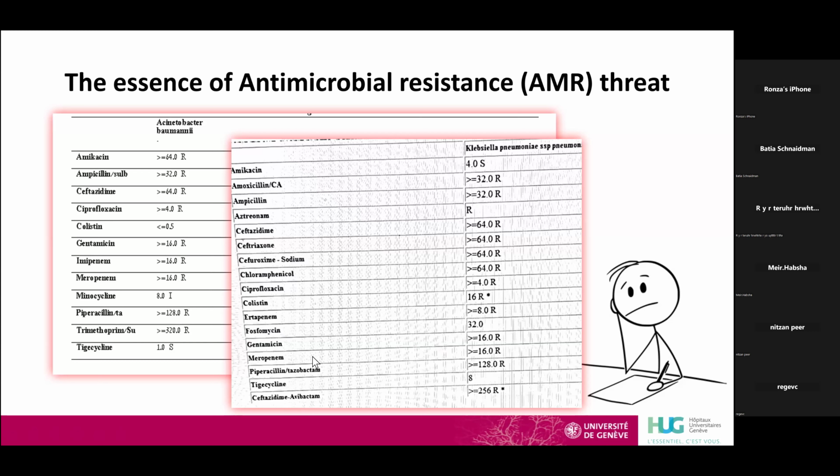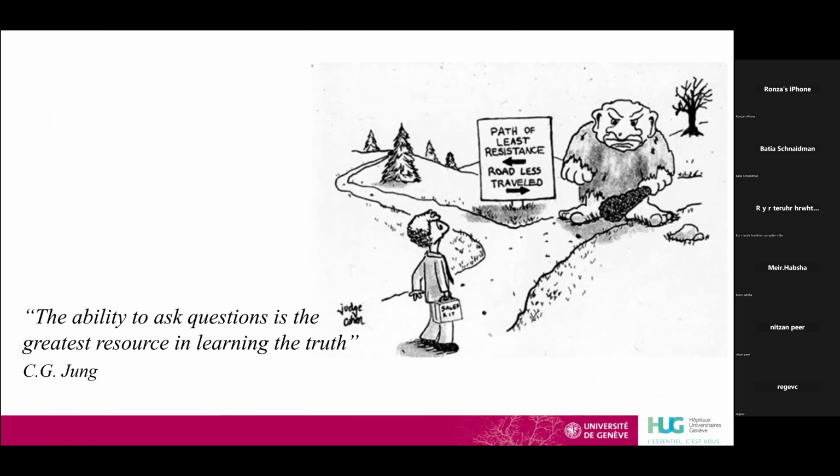When you have patients with these bacteria, such as resistant Acinetobacter baumannii or Klebsiella CPE, with almost no options for treatment, it triggers lots of questions on what you should do next and why this is happening.